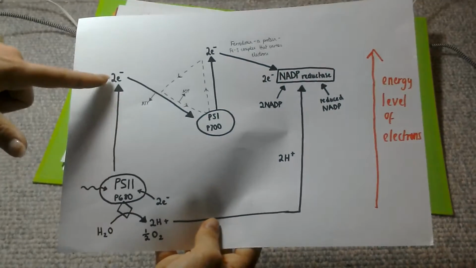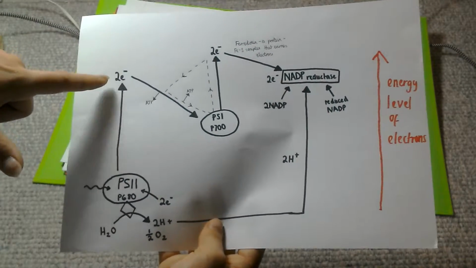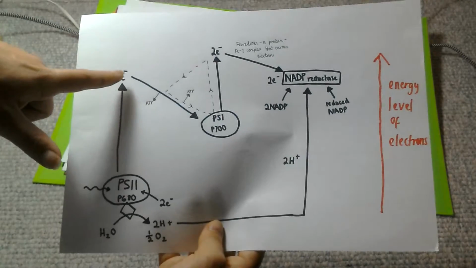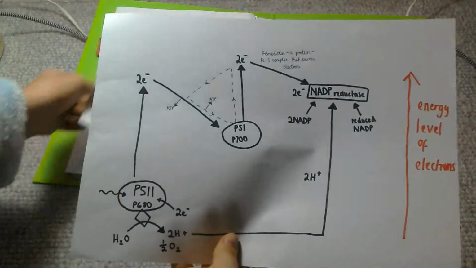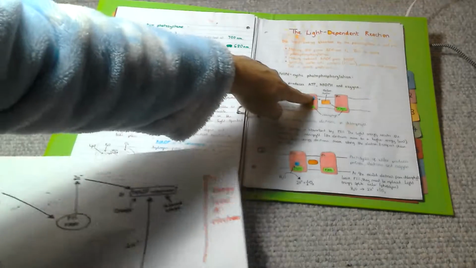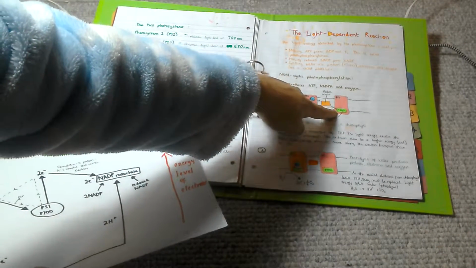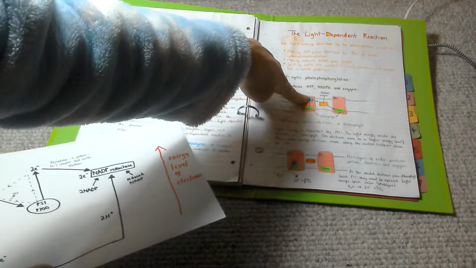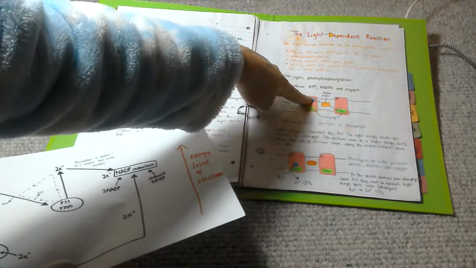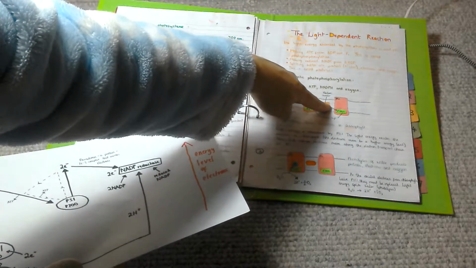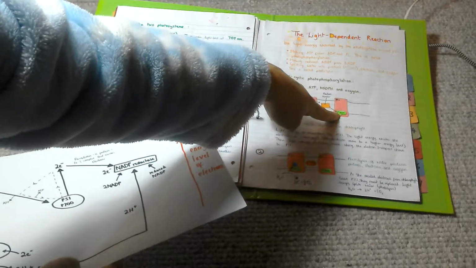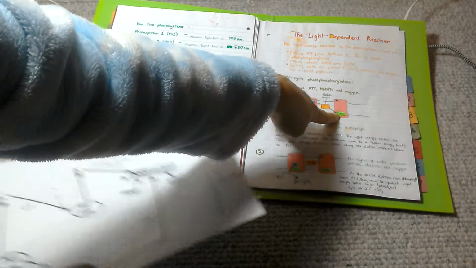These electrons have gone to a really high energy level, and these electrons are passed through the electron carrier. So here, the electron has gone up to here. It's been excited, really excited, and is going through the electron carrier to P700 in photosystem 1.